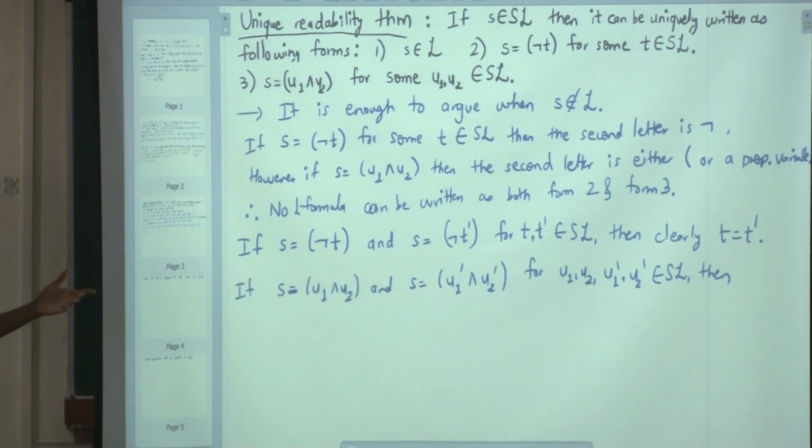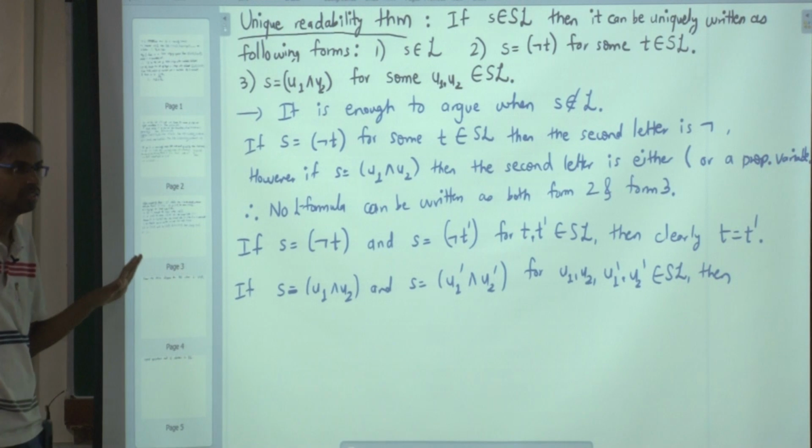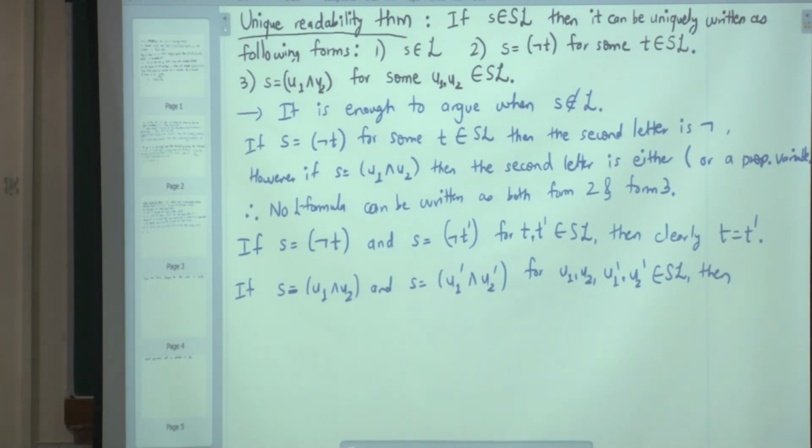Well, if U1 and U1 dash are equal, then we are done. So if they are not equal, then what will happen? I am going to write this string. So this is U1. So without loss, we can assume that this is the length.